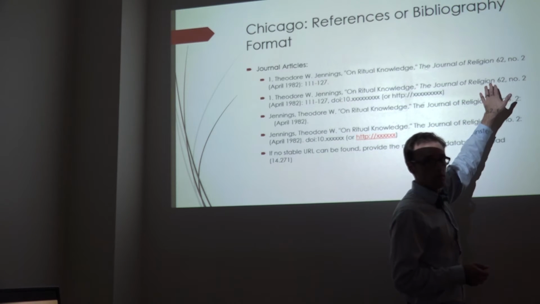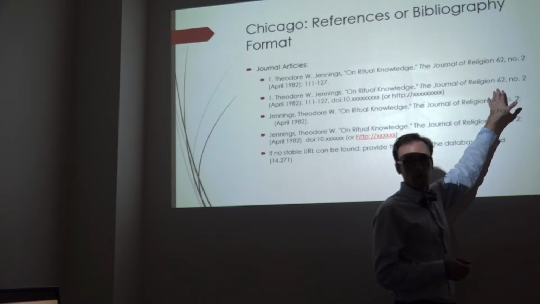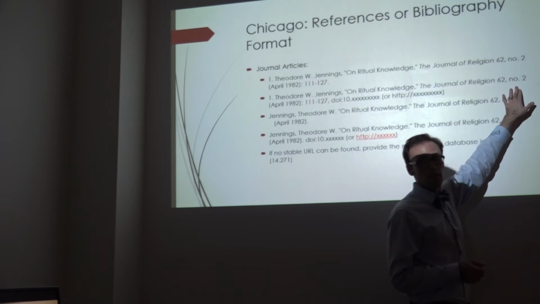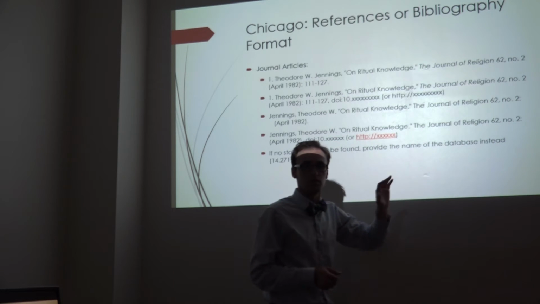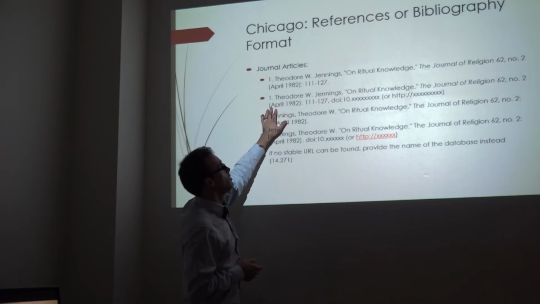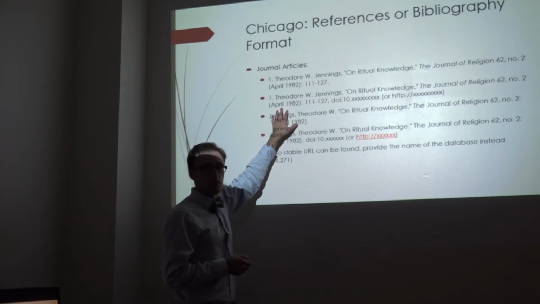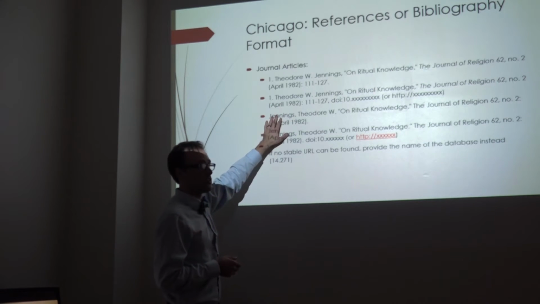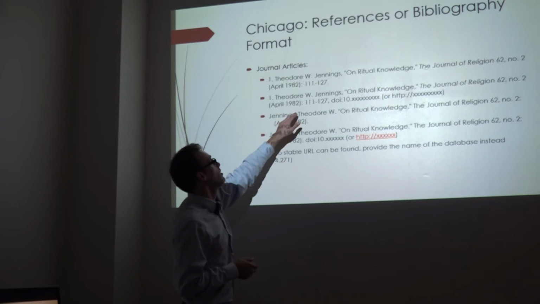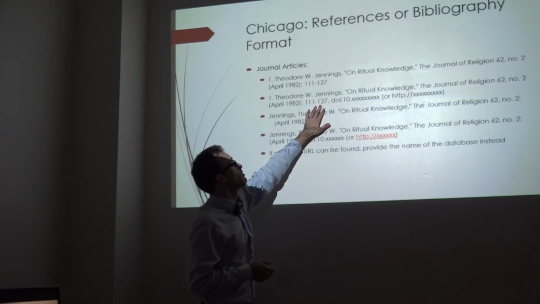Then after the journal, the volume number, just the number, you don't have to put VOL or volume, comma, and then the issue number, if there is an issue number. So here, number 2, after the volume and issue number information, in parentheses, the date or the year, whatever it says on the journal. So this was April 1982, and then colon, the page numbers.